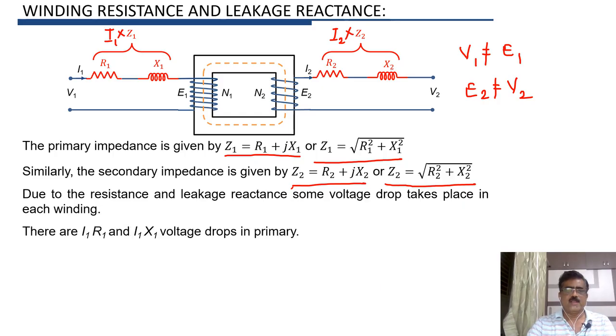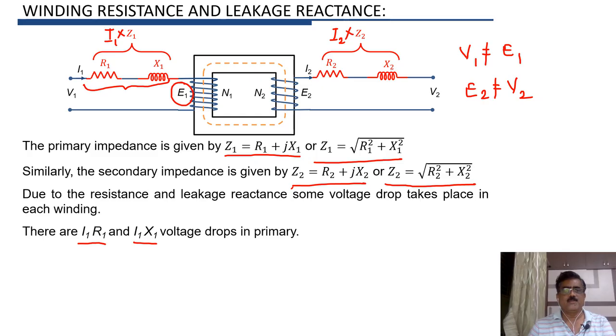So here in primary winding, the voltage drop is I1 R1 in resistance and I1 X1 in leakage reactance, and therefore if you want to obtain V1, how you will get V1? V1 will be equal to E1 plus voltage drop in R1 and X1, which is equal to I1 into Z1.